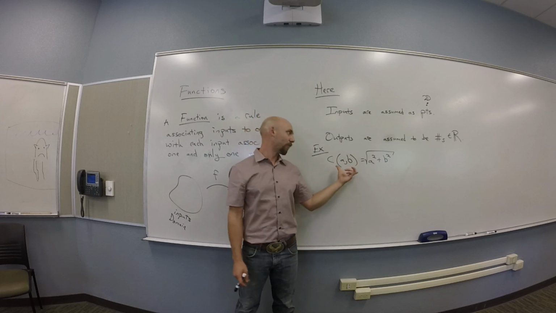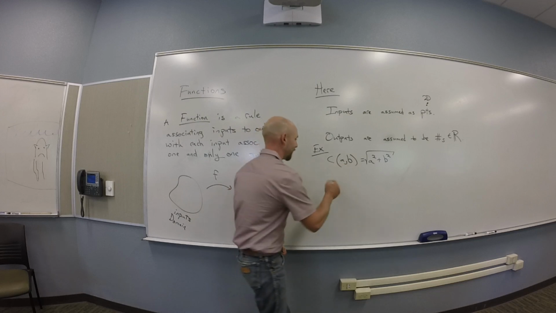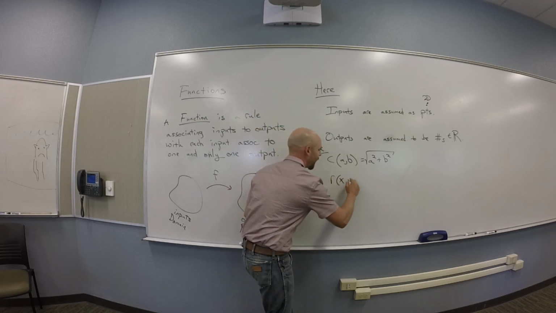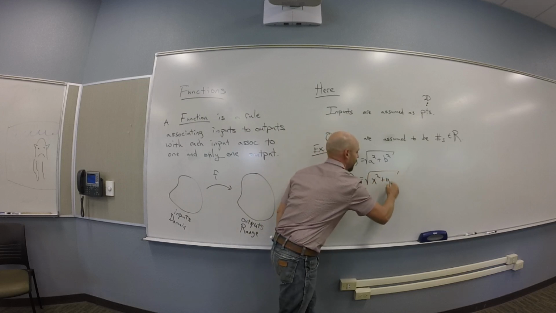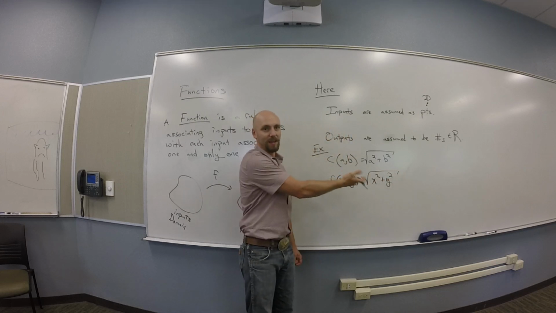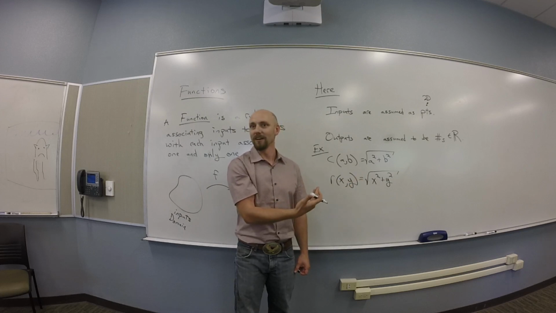Do you guys recognize this formula from polar? If I wrote this as R of X and Y is the square root of X squared plus Y squared, this is just how you take an XY point and turn it into a radius. You guys recognize that one?